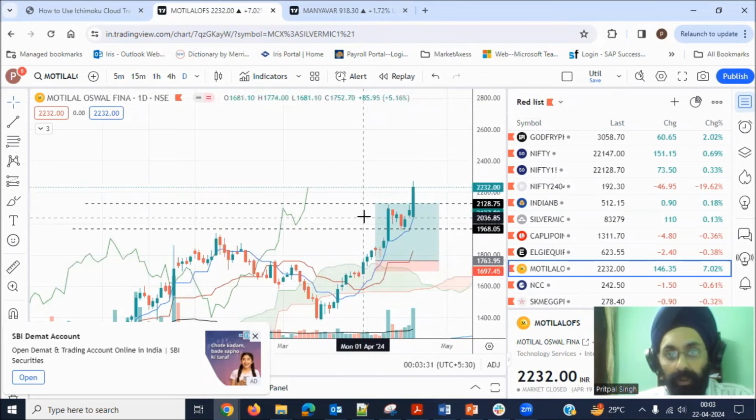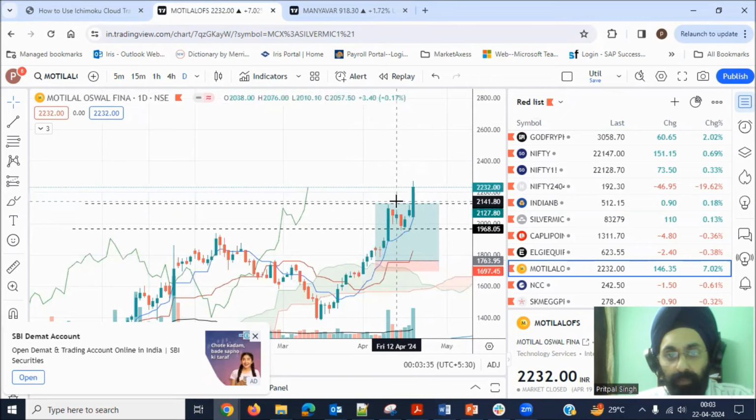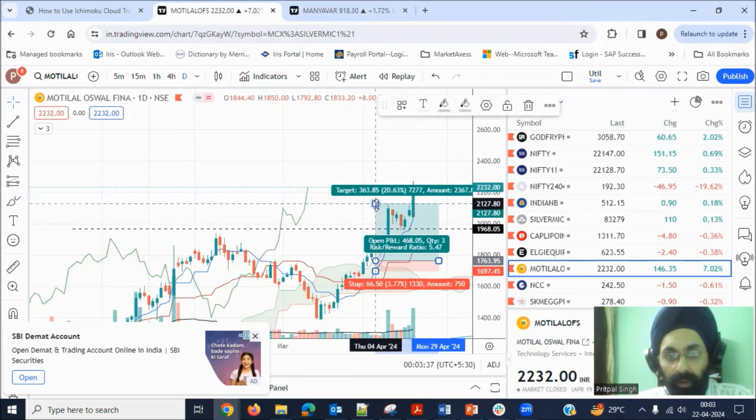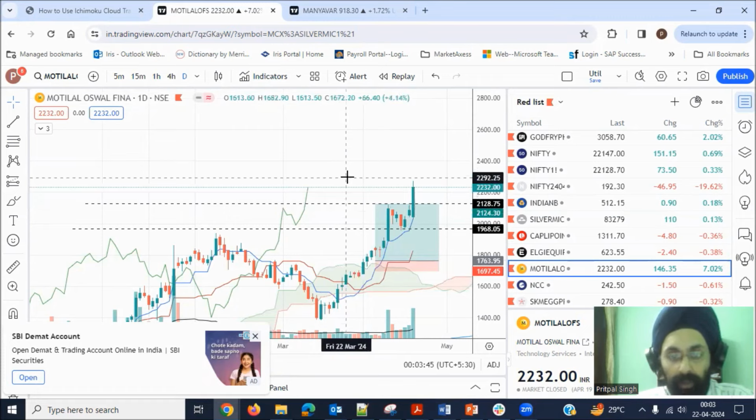So even after hitting the target, the price went up more, but it is okay. It is not a good thing to always be greedy. As long as you are achieving your target, you should be happy to book your profit and be in cash. If the price goes above, it is okay.